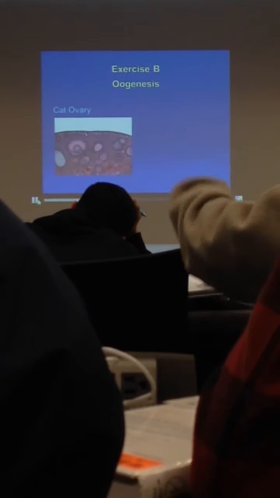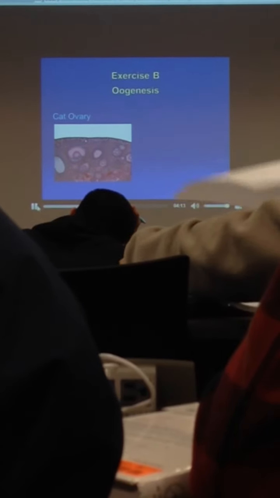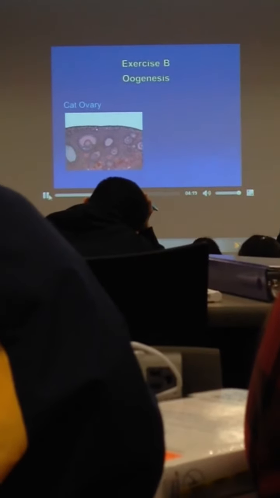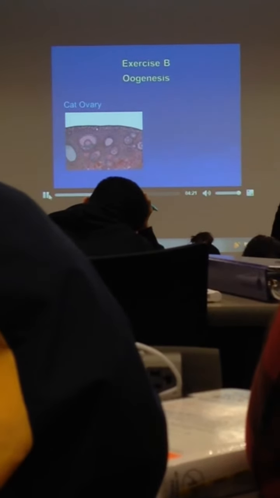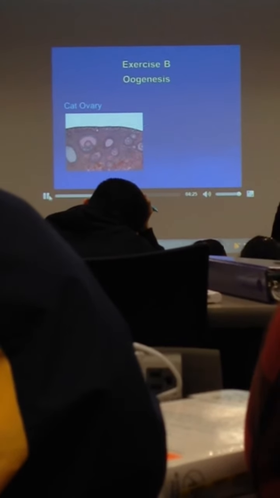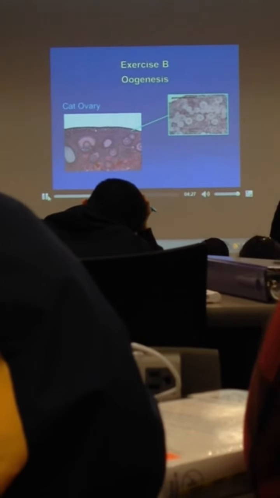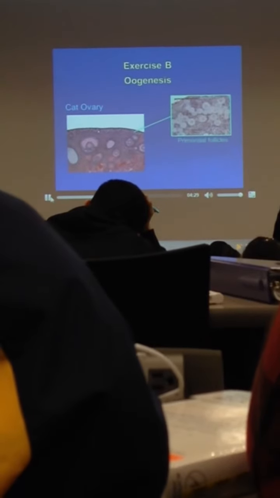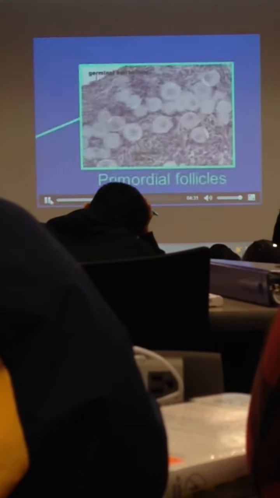Let's enlarge the cortex region and examine the various types of follicles it contains. Notice that there is a high concentration of tiny follicles located just under the surface of the ovary. These peripherally located follicles are known as primordial follicles.